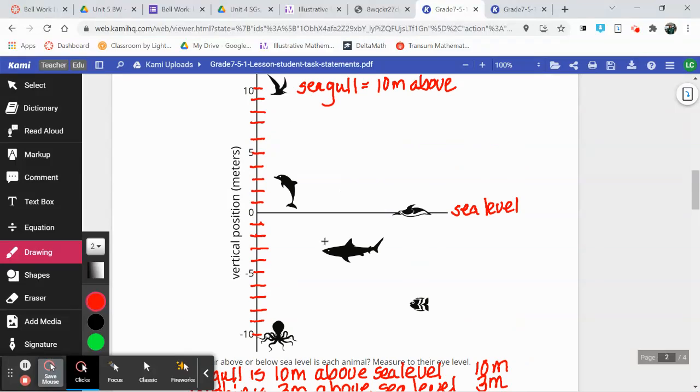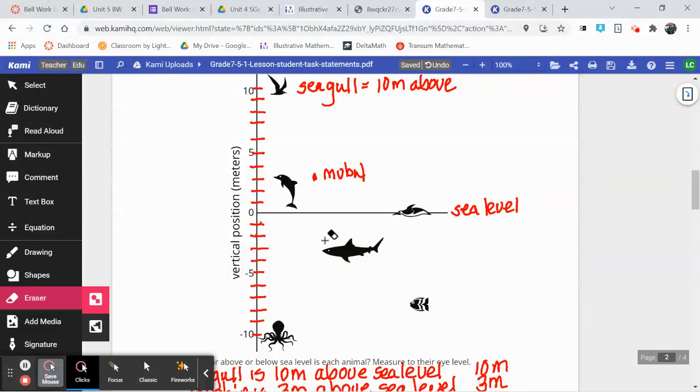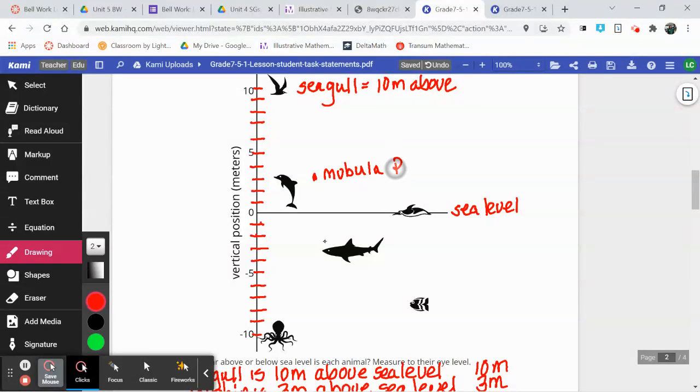So let's go to 3 meters above. 1, 2, 3. So this is a manta ray. All right, there he is. And we can see that he is at 3 meters.